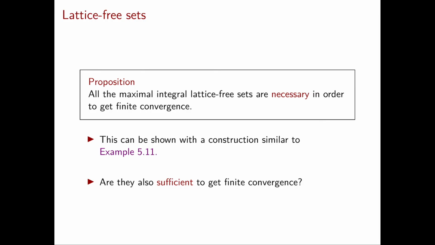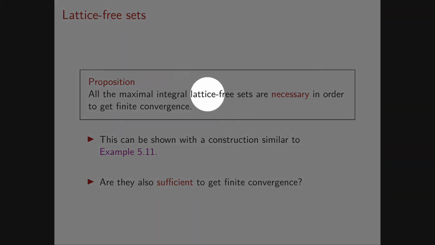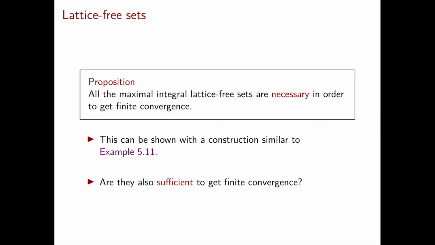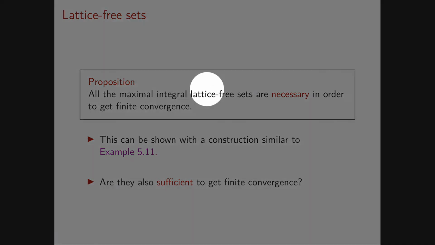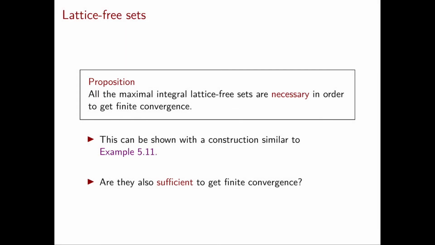Of course, talking about vertices in lattice-free sets which are not polyhedra is not entirely correct, but here I don't want to be too formal, and when I talk about a vertex of a lattice-free set, I really mean a vertex of the corresponding polyhedron obtained by replacing the strict inequalities with inequalities of the form less than or equal to.